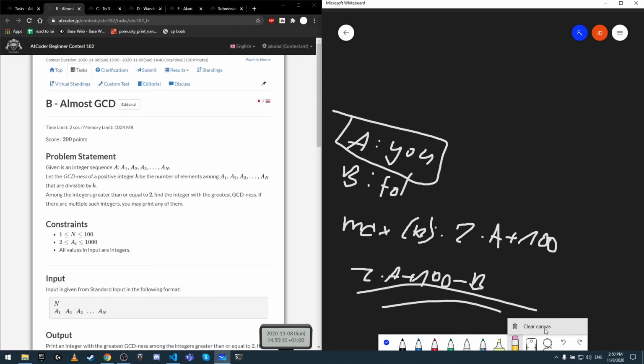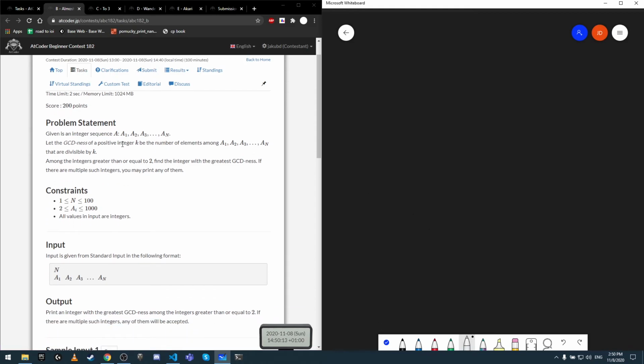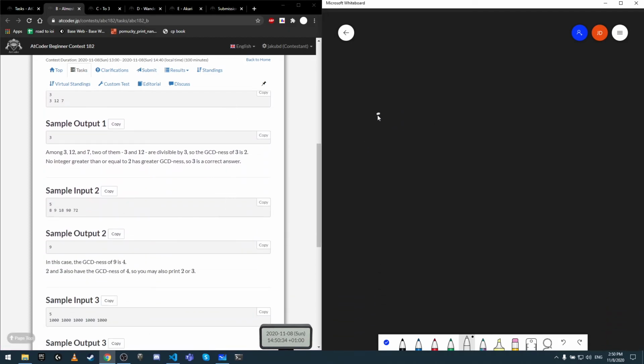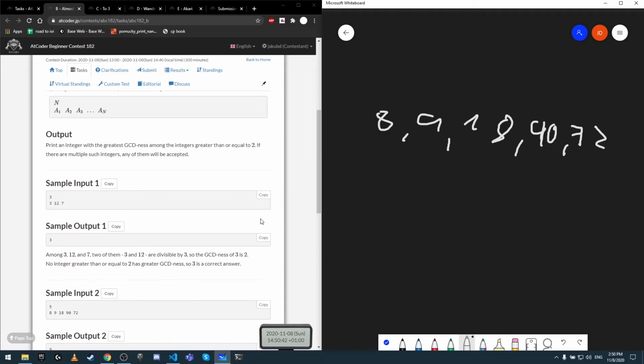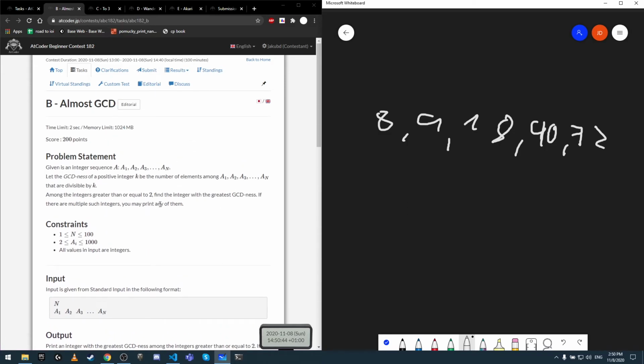So the next problem B. Basically you have an integer sequence and a positive integer k, so some array of positive integers, for example here 8 9 18 90 72. Now you find some integer.